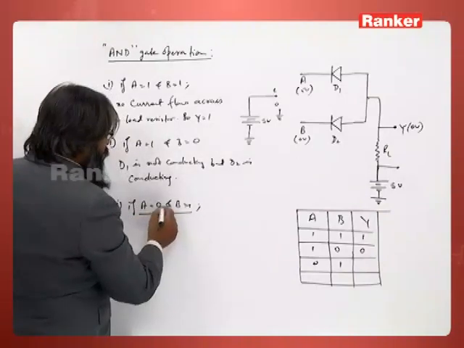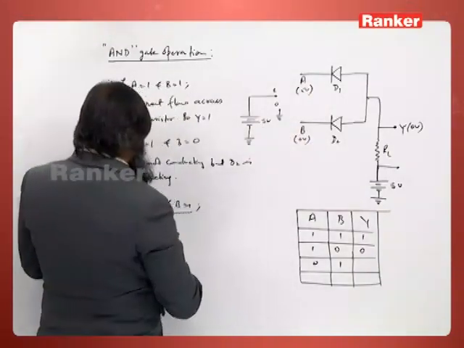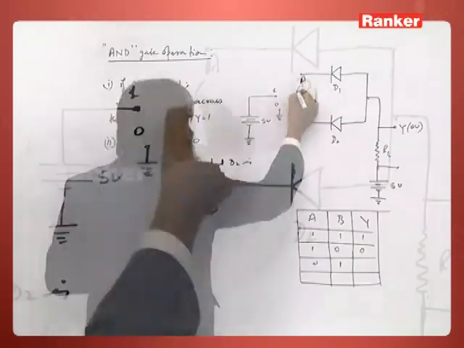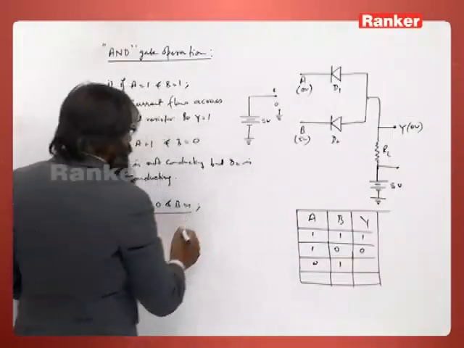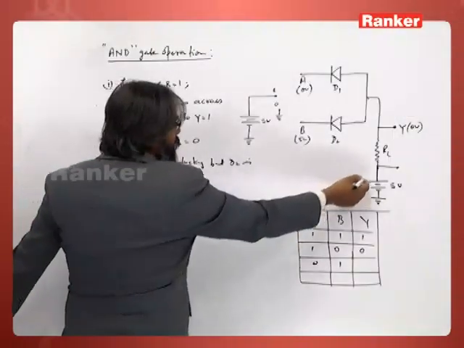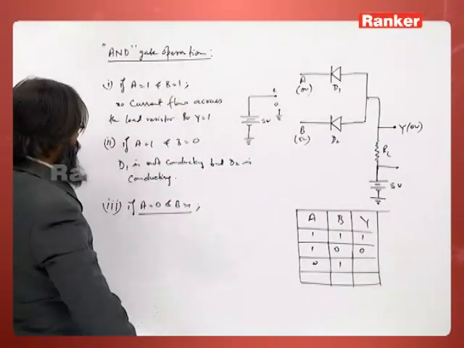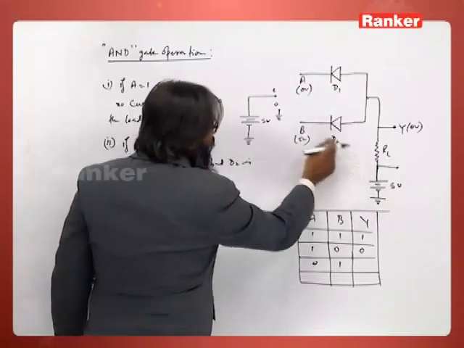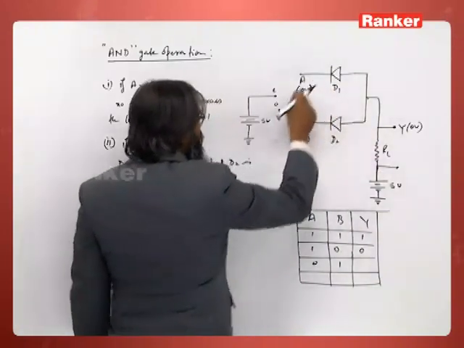Now in this case A is 0 means this is 0 volts and B is 1 means 5 volts. So, here you see this is 5 volts and this is not conducting and this is conducting.